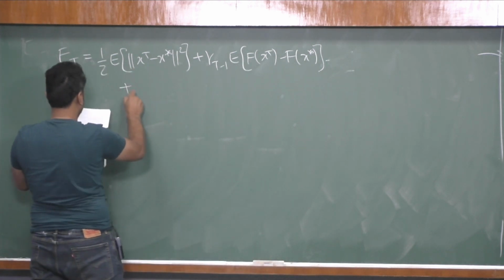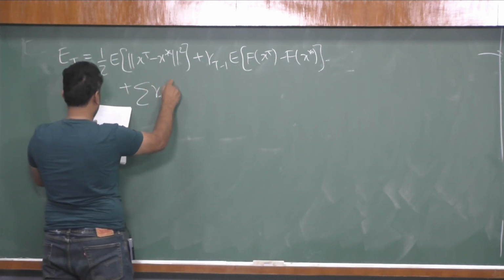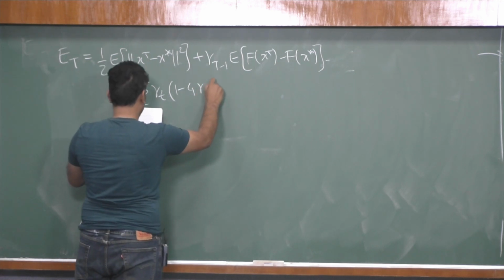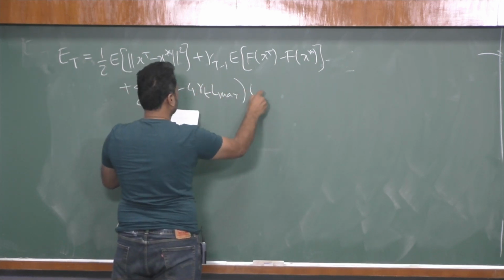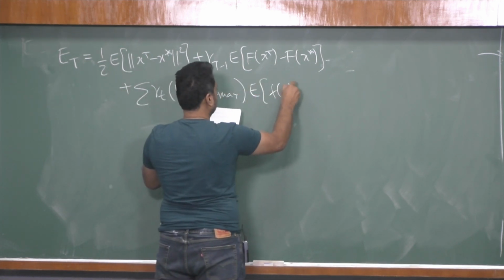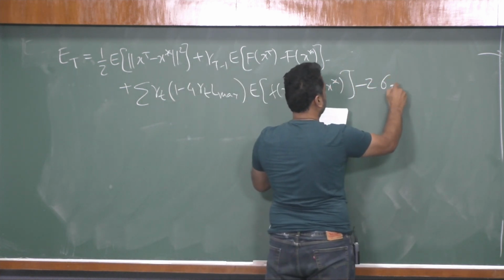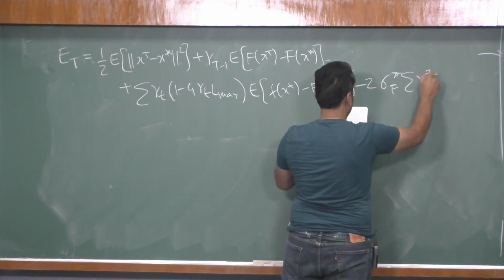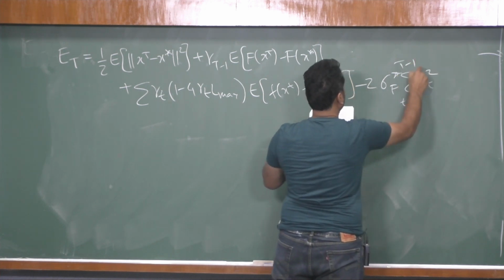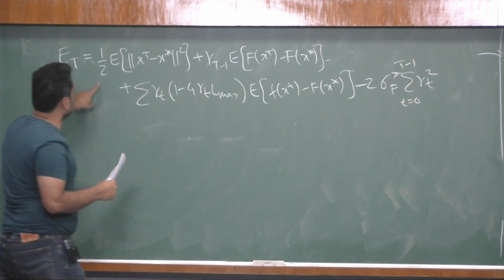So plus sum of gamma t 1 minus 4 gamma t L max expectation of fxt minus fx star minus 2 sigma f star gamma t square, t equals 0 to t minus 1. So this was the Et we defined.